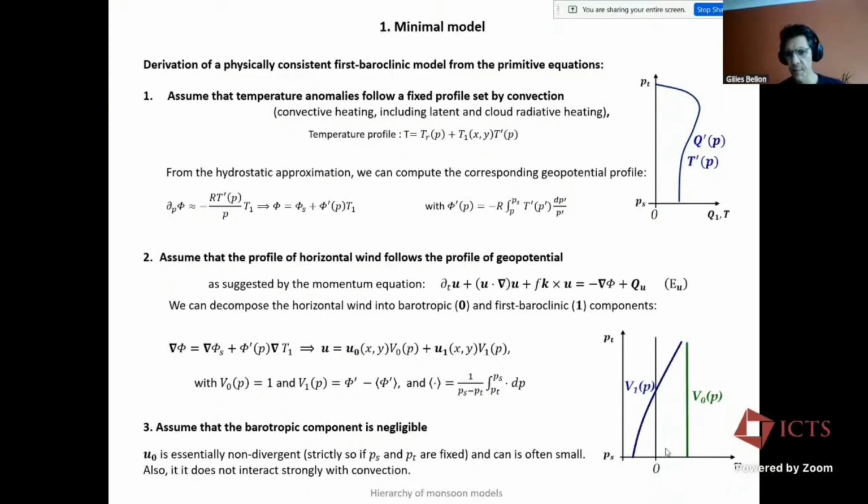But if you consider that you have a fixed surface and a fixed top, the divergence of the barotropic component has to be zero, which means that the barotropic component will be only rotational, and you can actually neglect it in some cases. And so you can get back to just one vertical mode, the first baroclinic mode. But it's also an additional hypothesis that we're making here.